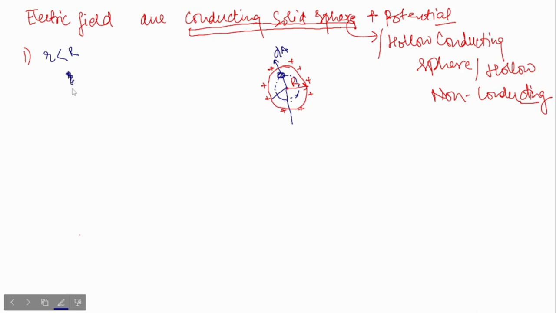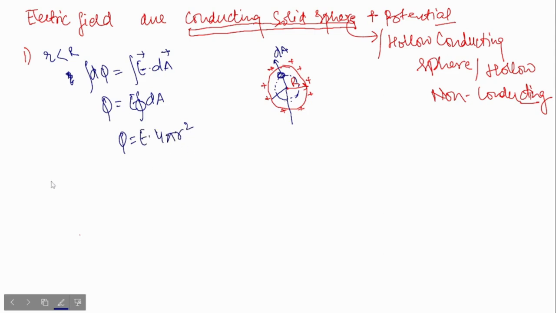what will be the flux passing through this small sphere? The elemental flux through this area will be d phi is equal to E dot dA. And the total flux is the closed integral of E dot dA, so flux will be E into 4 pi small r square.